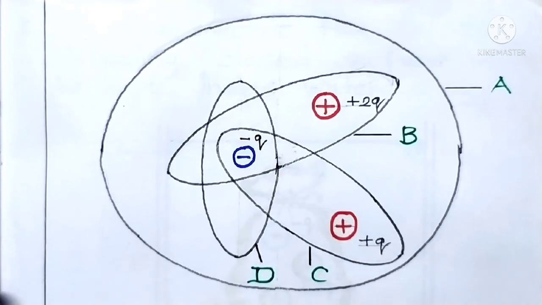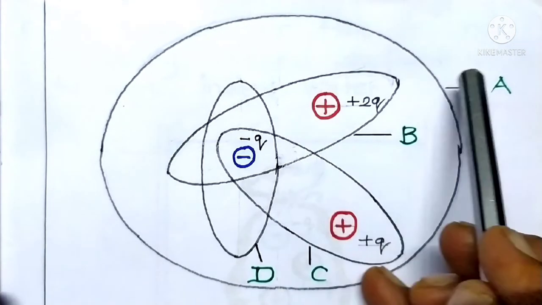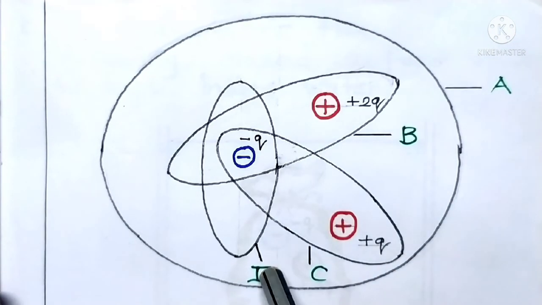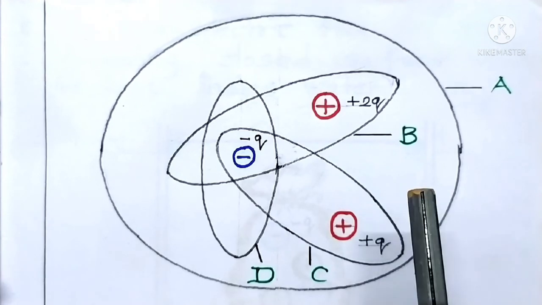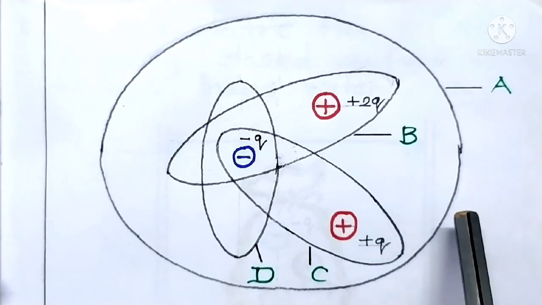Then we are supposed to arrange the letters A, B, C and D in the increasing order of their electric flux. That's what is asked in this question.